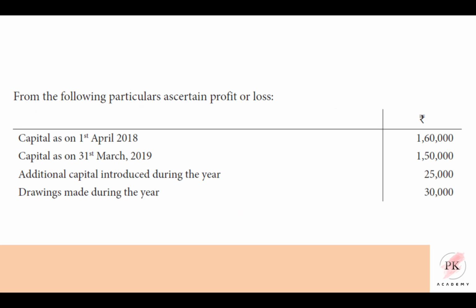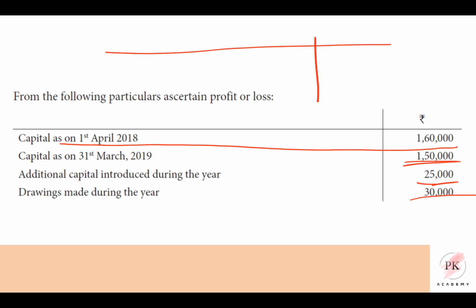Okay, and let's see another sum which is very interesting. Opening capital is 1,60,000, closing capital 1,50,000, additional capital and drawings are given. Let's do this in our way using capital account.